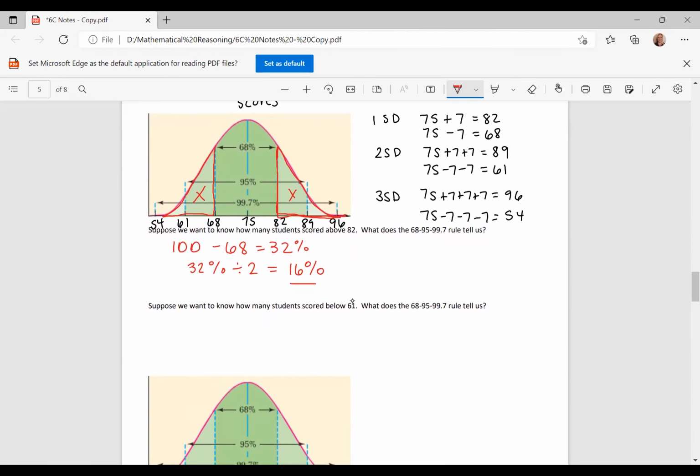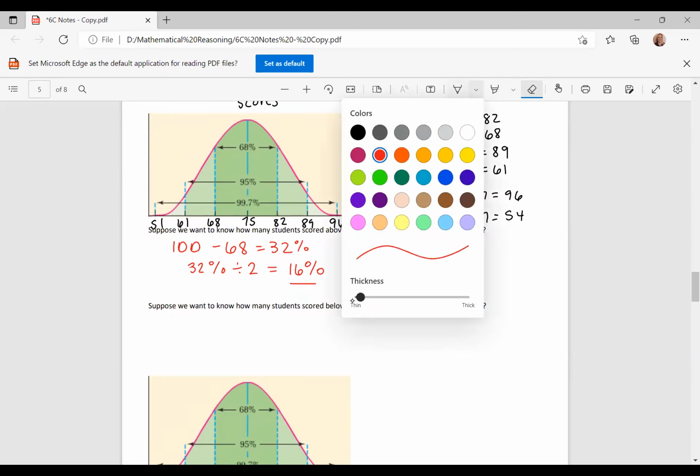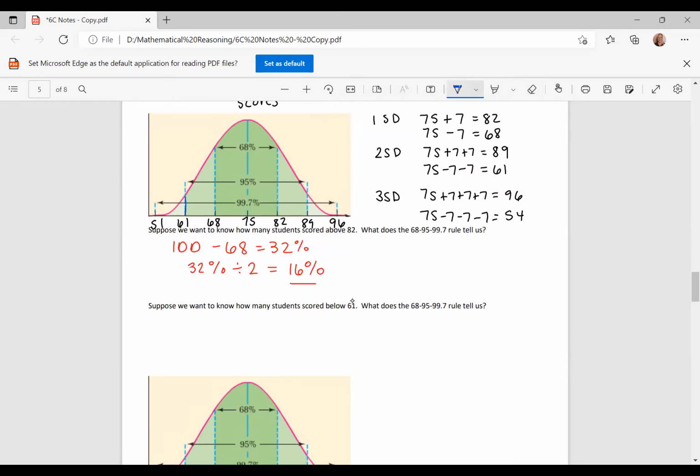Suppose we want to know how many students scored below 61. So this time we're looking for the number of students who scored below 61. I always go over here and think 61 is right here. And I say, well, below 61 would be these people right here in this little tail.